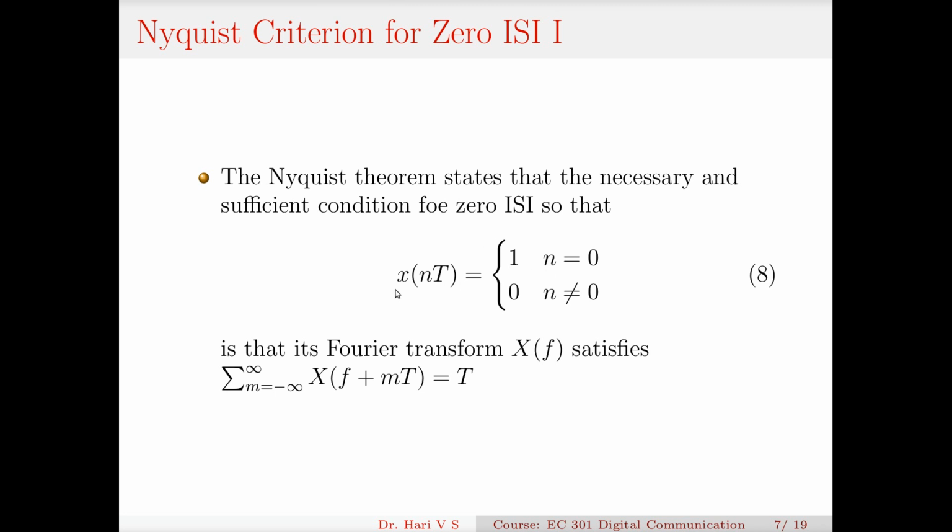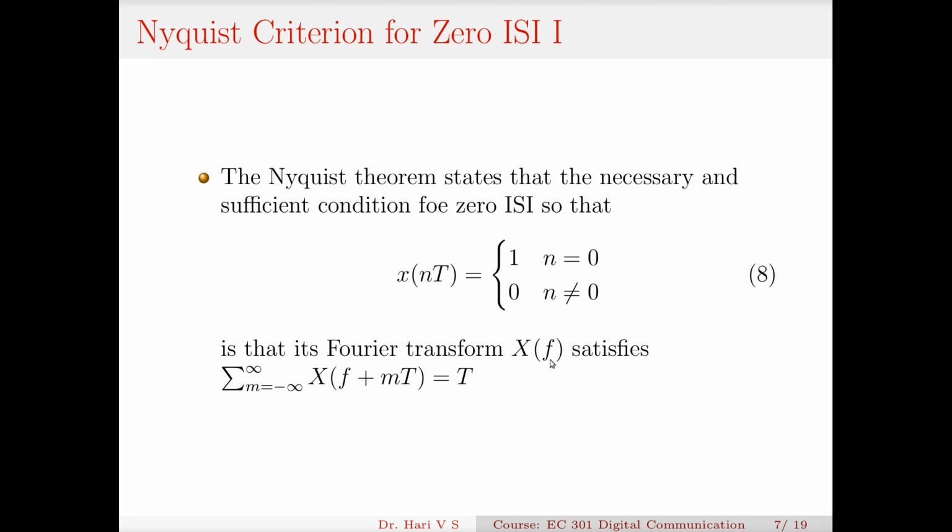But for this to happen, what is the Fourier transform of x(t)? X(f) is nothing but G(f) times C(f) times H(f), because you know that x(t) is a convolution of the three. If there is a convolution in the time domain, there is a multiplication in the frequency domain. So X(f) is G(f), the spectrum of my transmitter filter, times C(f), the frequency response of my channel, times H(f), the frequency response of my receiver filter.